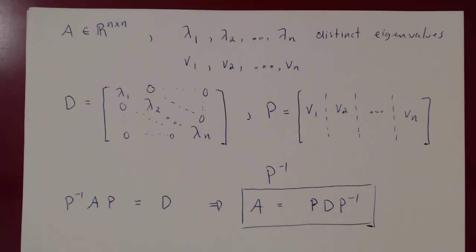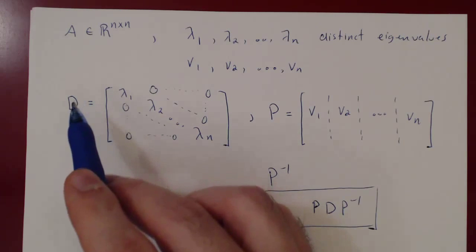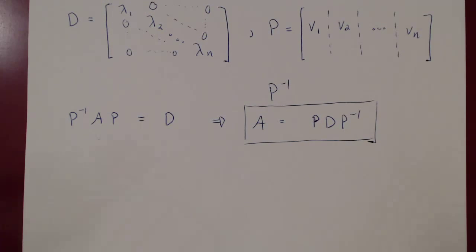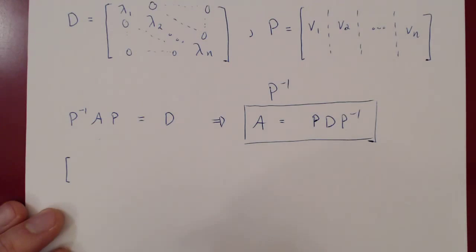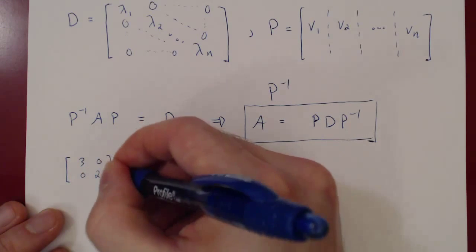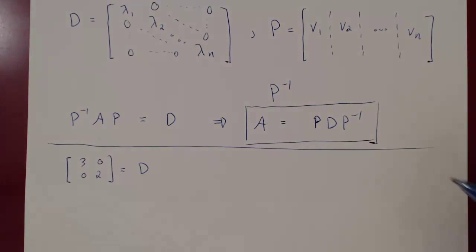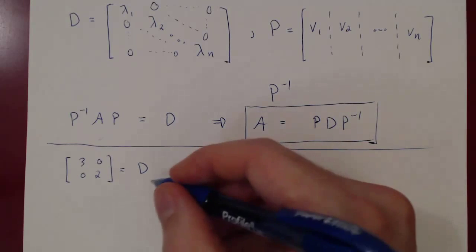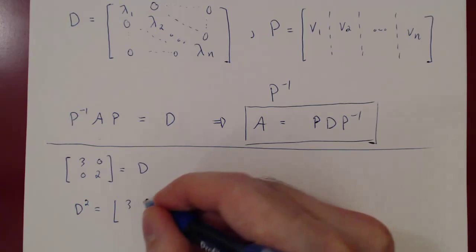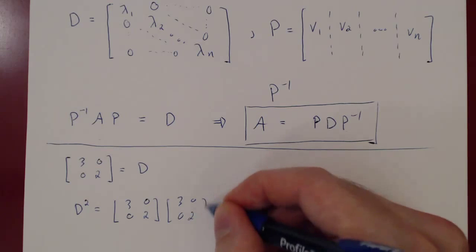Well, it's useful because if you look at powers of a diagonal matrix, it's actually very easy to compute. Right? Suppose I look at a 2 by 2 matrix, and it is a diagonal matrix. Suppose I go with 3, 0, 0, 2. This would be our D. Let's start taking powers of D. Well, D squared, D times D. So 3, 0, 0, 2 times 3, 0, 0, 2.